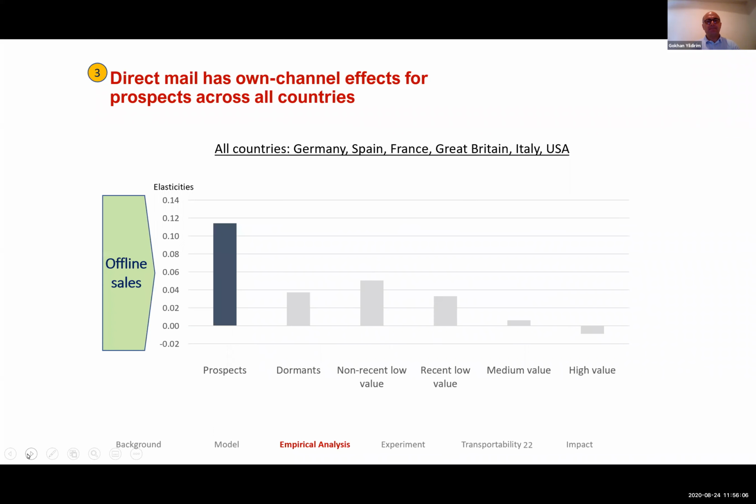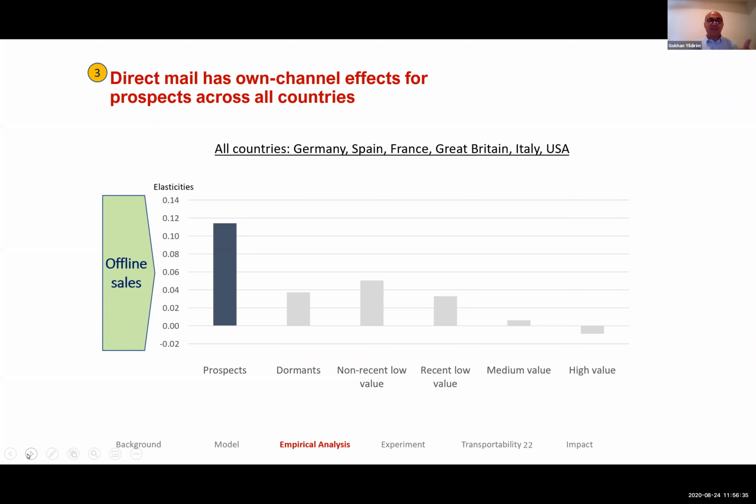Now I'm going to tell you our findings on direct mail campaigns. We found that direct mail effectiveness varies only by customer segment. Direct mail has own channel effects and works only for prospects across all countries. This was something really surprising to L'Occitane.